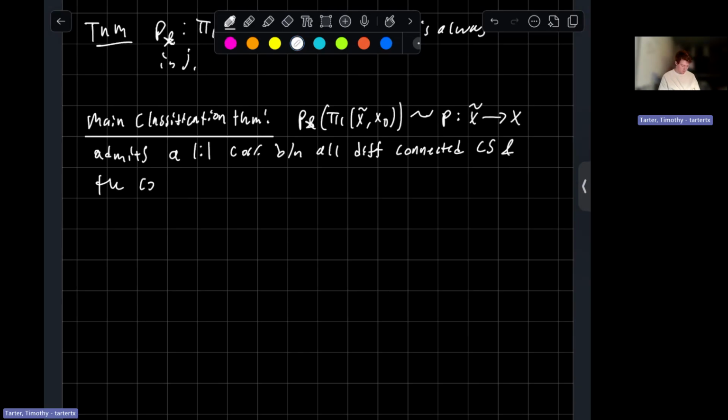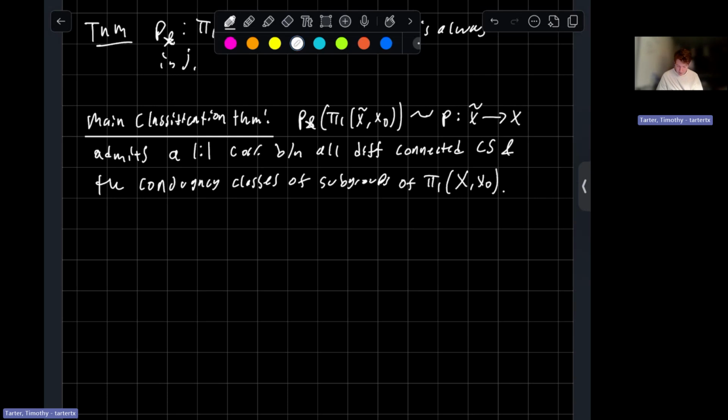and the conjugacy classes of subgroups of pi 1 of x comma x naught.